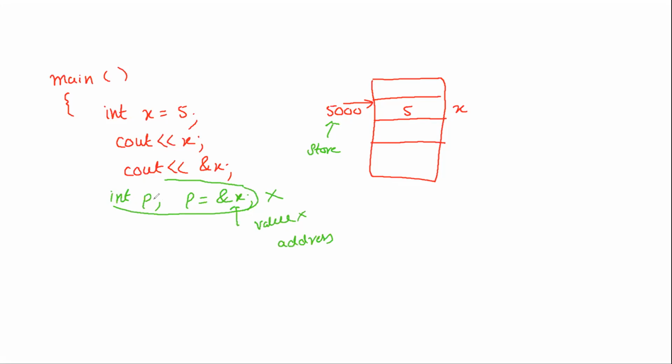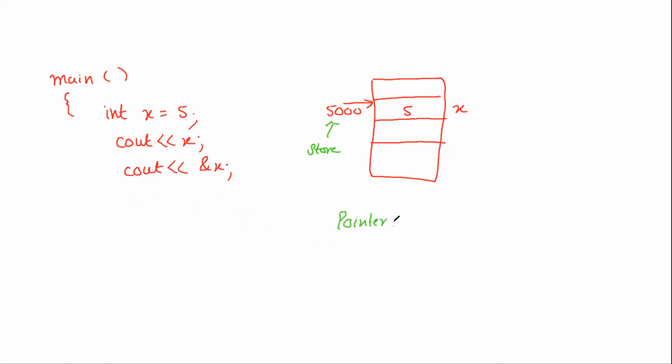In other words, if I want to store an address, I need a special data type. I cannot store an address in an integer or a float or a character or anything else. I would need a special data type to store an address, and that special data type is simply called a pointer. If someone asks you in an interview, what is a pointer?